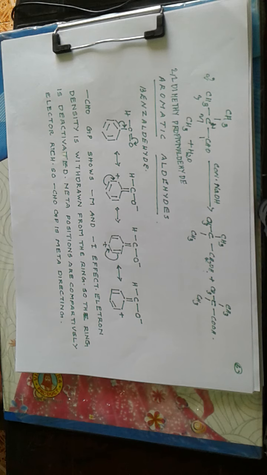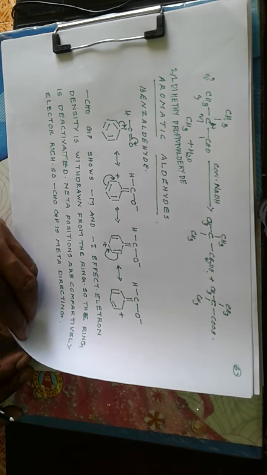So relative to ortho and para positions, the meta position is electron rich, and here the aldehyde group exerts minus M and minus I effect. So we say the aldehyde group is meta-directing in electrophilic substitution reactions.